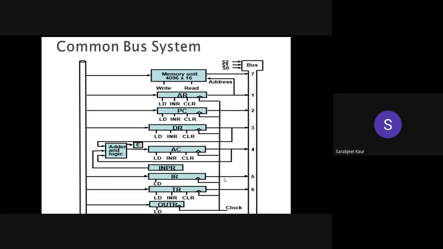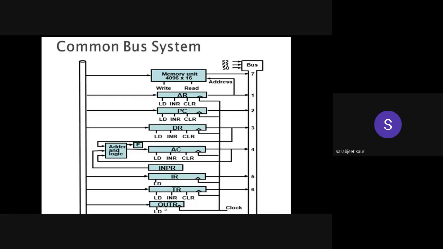So whatever output we want to display on the output device, we put it on the bus, and it goes to the output register by enabling the load of the output register. After that, the output register passes on that information to the output device. Is this clear? It does not have the increment and clear functions because it doesn't require them.